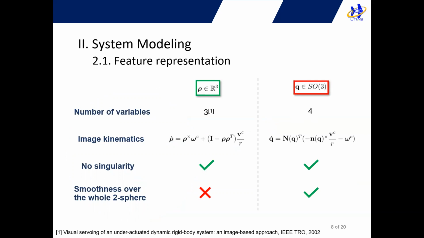The most important one is that it offers a smooth image kinematic function over the whole two-sphere manifold. This idea originates from visual localization, and we introduce it into visual servoing for the first time. We provide a detailed derivation of the full kinematic function in our paper.